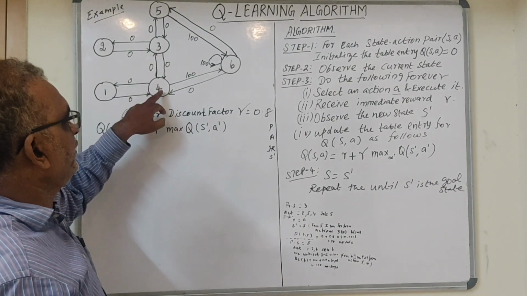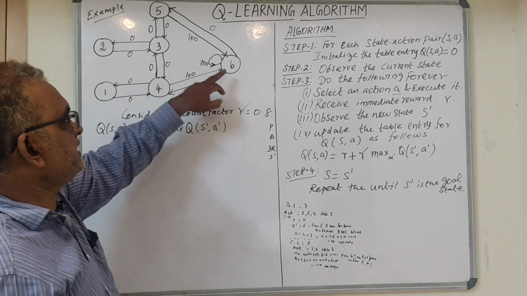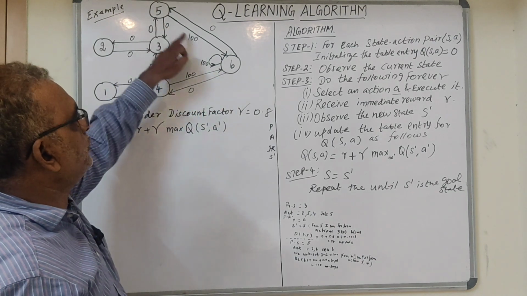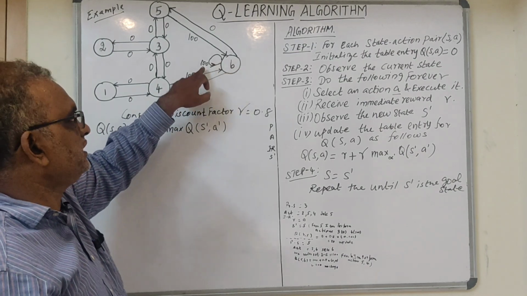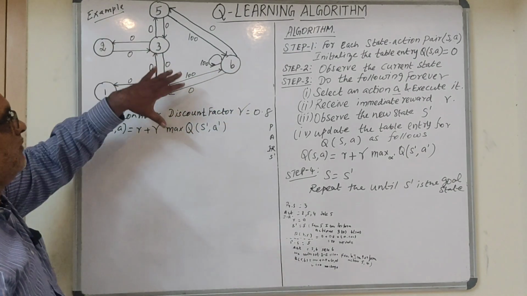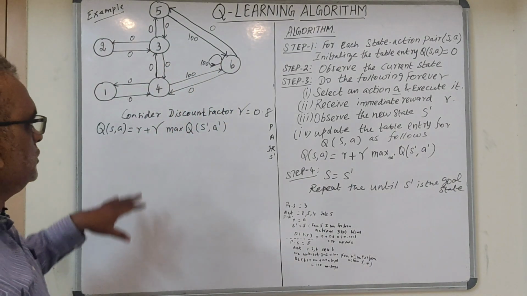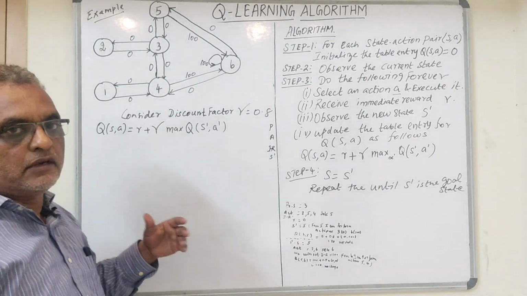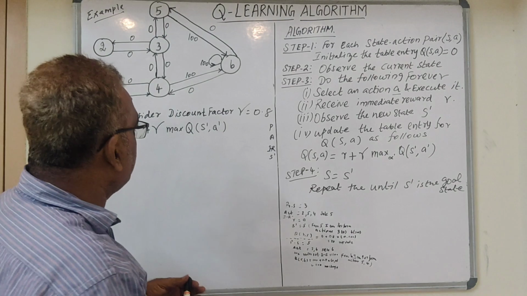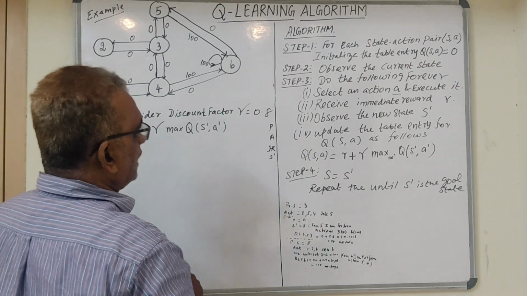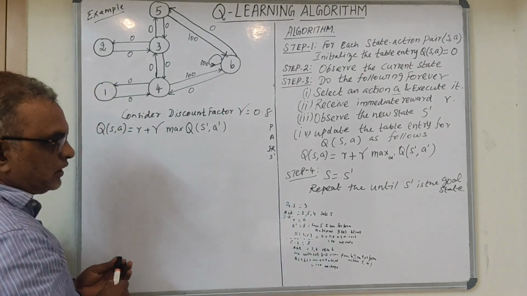Similarly, moving from state 4 to 6, 5 to 6, and the self-loop move from 6 to 6, it is 100. The remaining other values are 0. So here we are going to calculate the new reward values. This can be done with the help of the Q-learning algorithm.